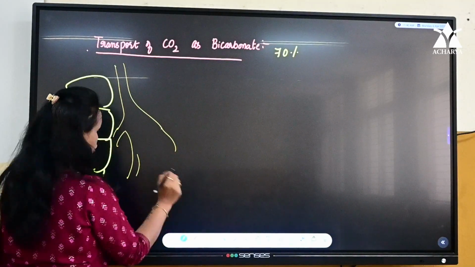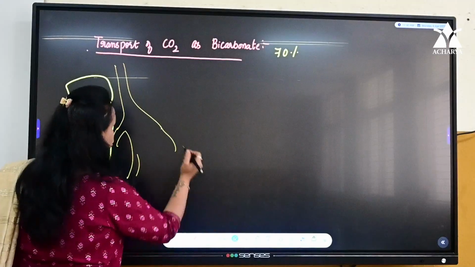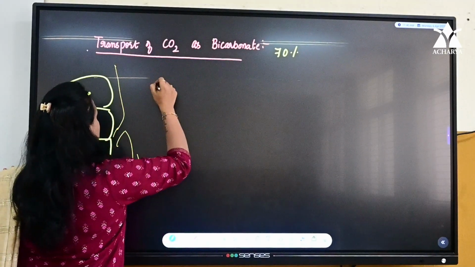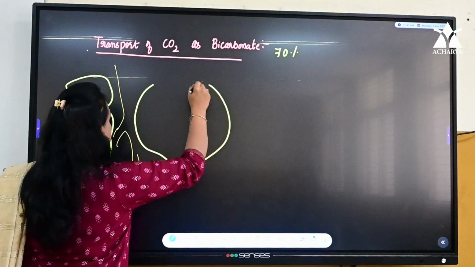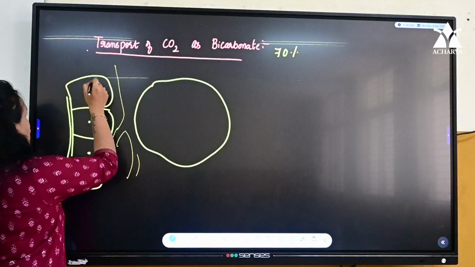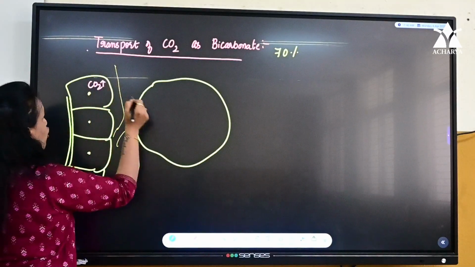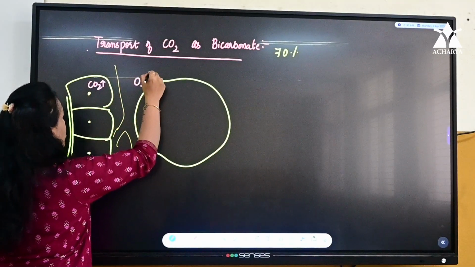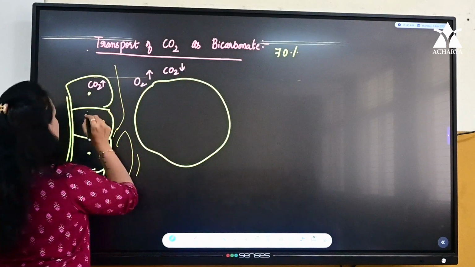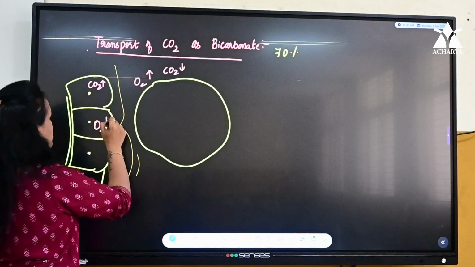For my convenience, I am just drawing an RBC here. Carbon dioxide is more here and oxygen is more here. Carbon dioxide partial pressure is less here, and oxygen is less here.